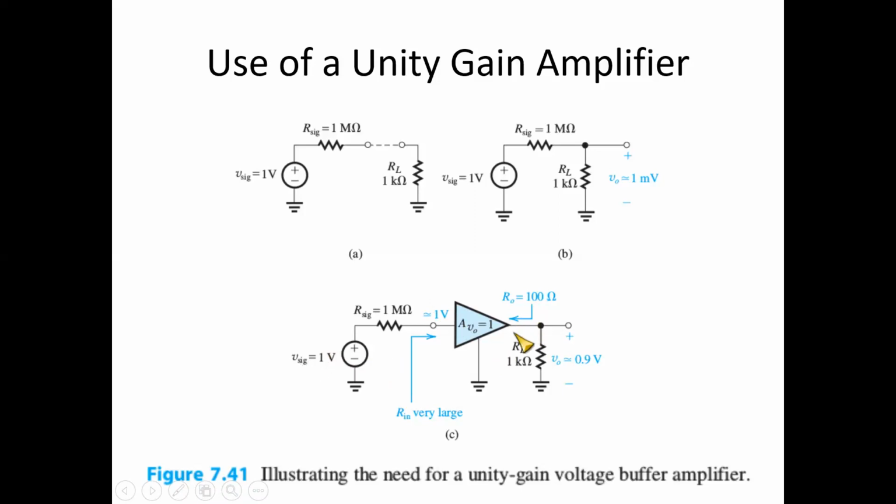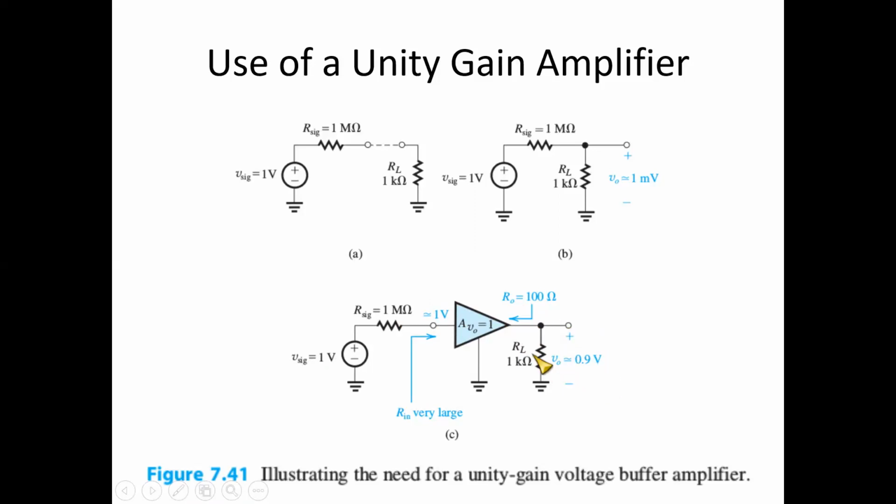And hence the value here is 1 volt itself. Similarly, we have here 100 ohms as the output impedance of this op amp. And this 1 volt amplified gives us 1 volt at this point, and then you have the Ro resistance over here, and the 1 volt gets distributed between the 100 ohms and 1 kilo ohm, which gives us the output voltage.